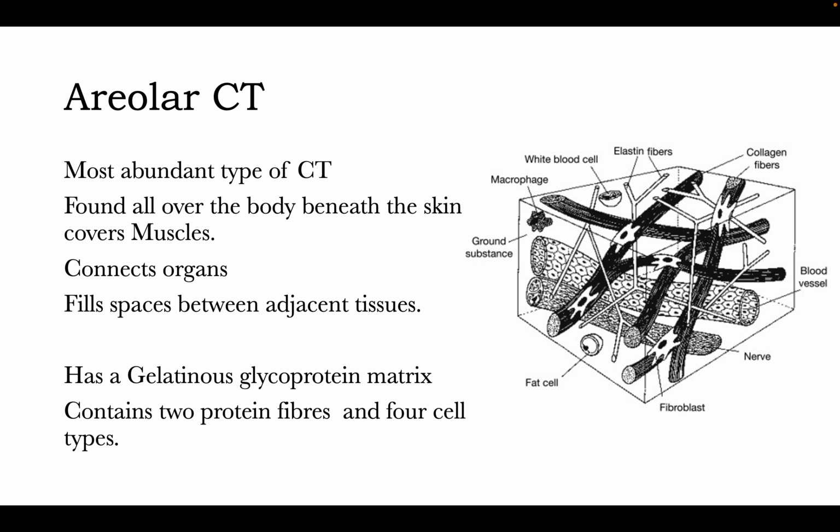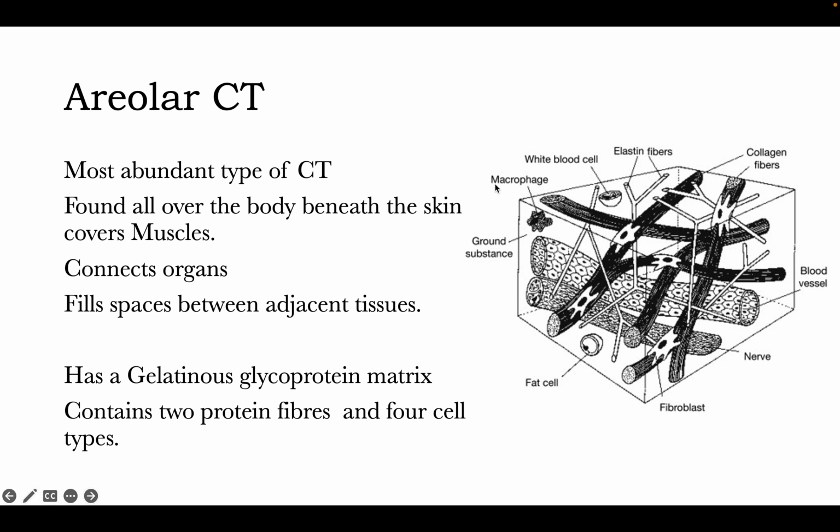Areolar connective tissue consists of a gelatinous glycoprotein matrix. So as you can see in this picture here, we have a matrix that has other submolecules and cells embedded within it. So it consists of a gelatinous glycoprotein matrix, or what we call the ground substance. It contains 2 types of protein fibers and 4 types of cells.